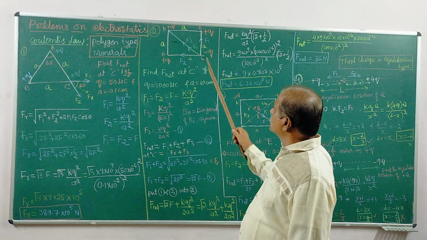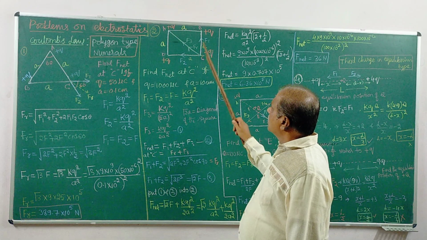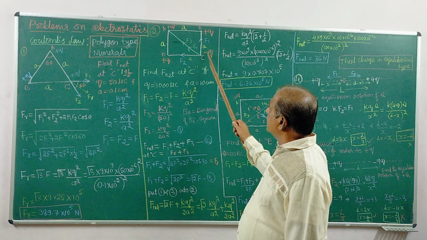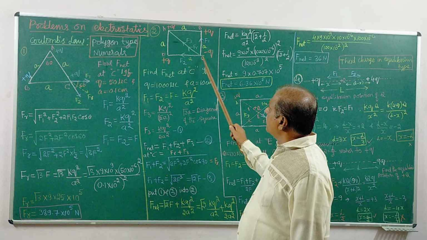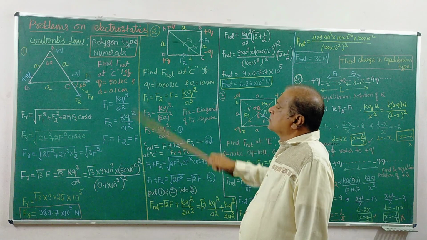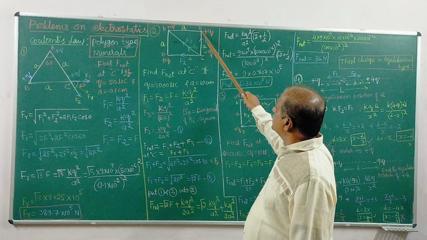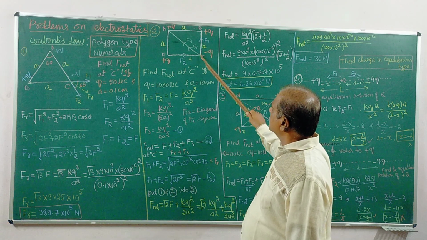For the net force at this point, first we should see the interaction with the other charges. There are 3 other charges, so it must interact with this charge and this charge as well. The force acting between this and this is F1. What is the direction?